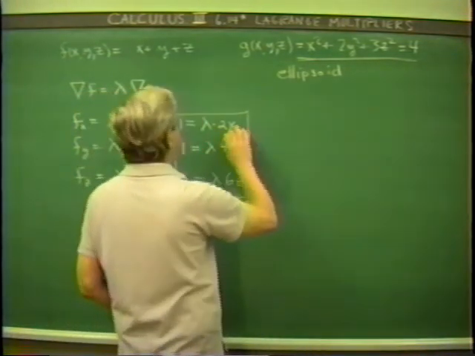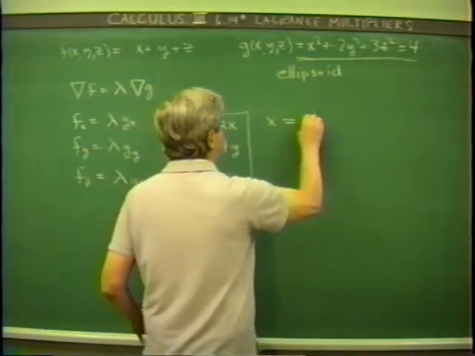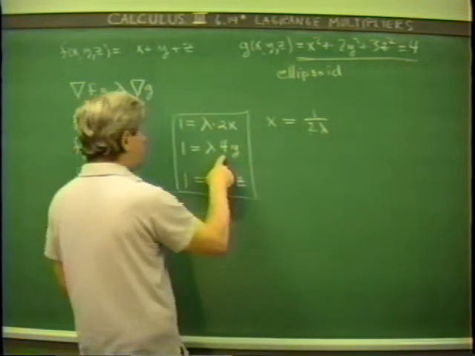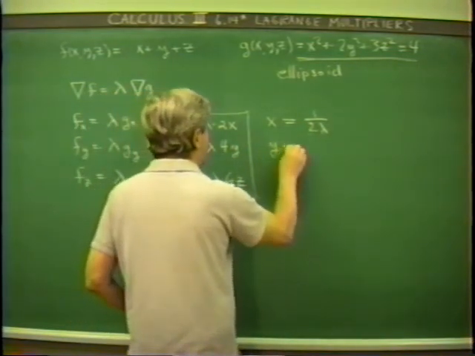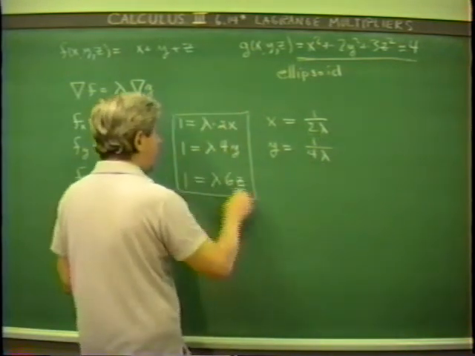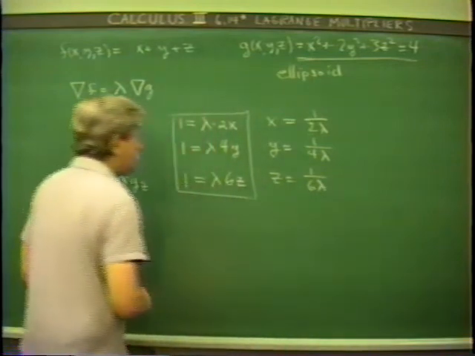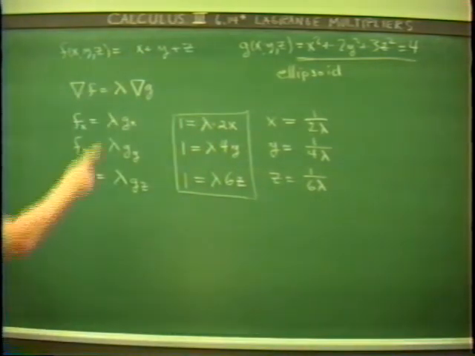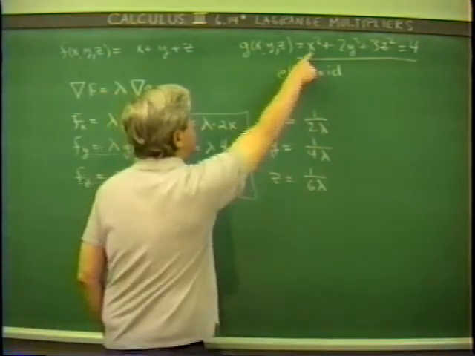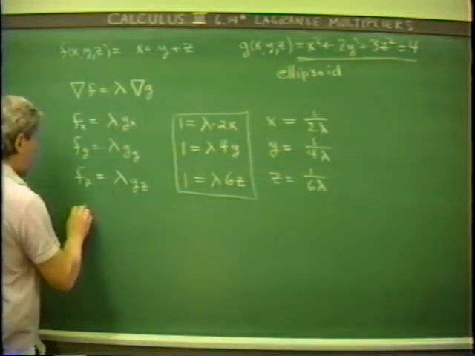We mentioned that it's not always easy to solve four general equations in four unknowns. However, here, let's solve for x, in which case we get x is 1 over 2 lambda. For y, we get y is equal to 1 over 4 lambda. And for z, we get z is equal to 1 over 6 lambda.